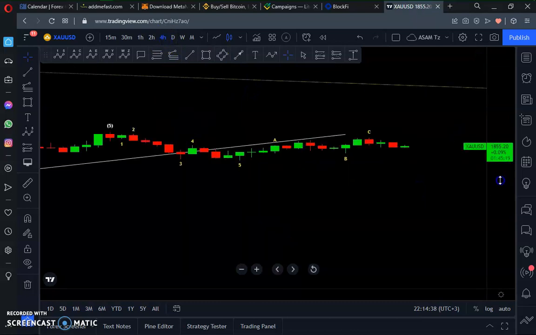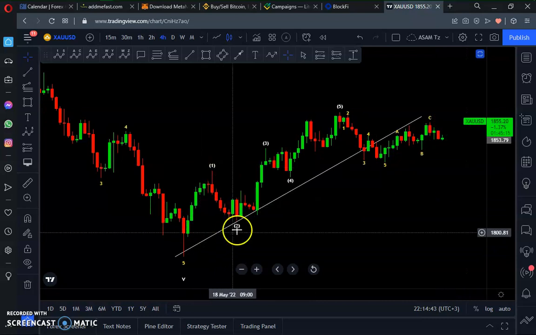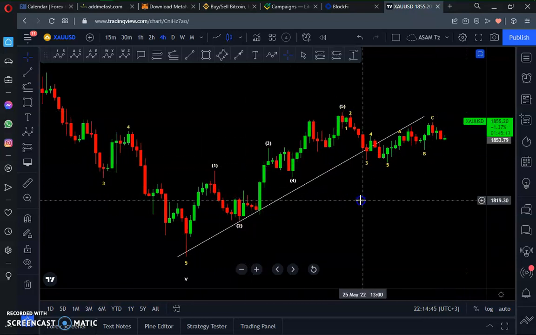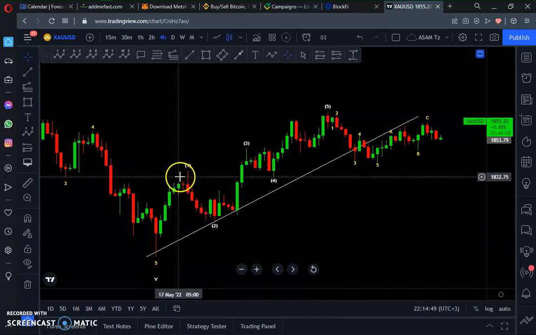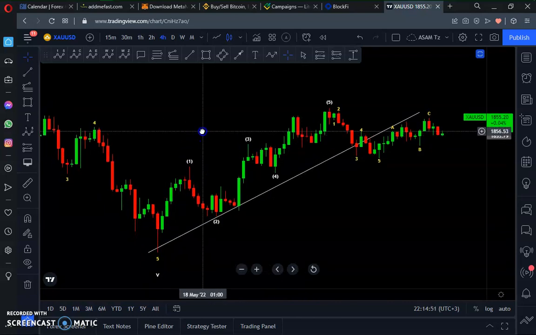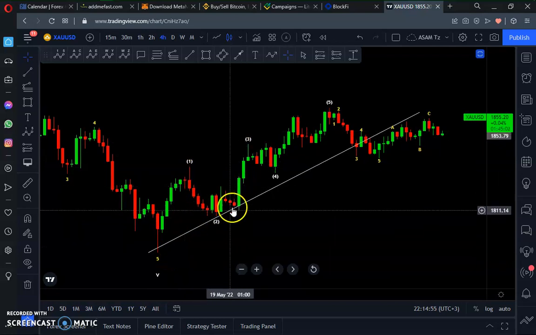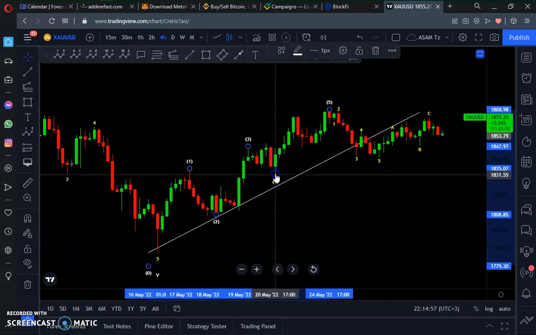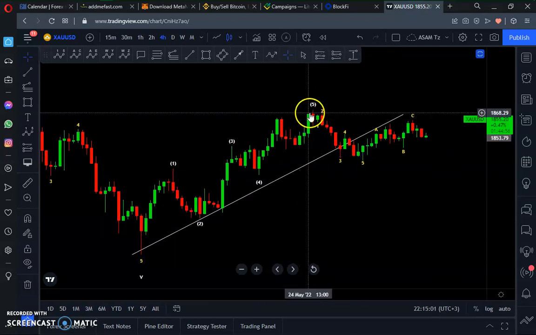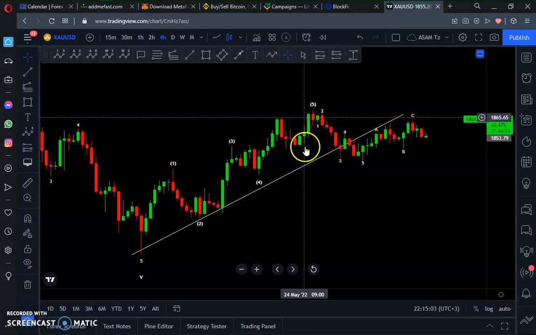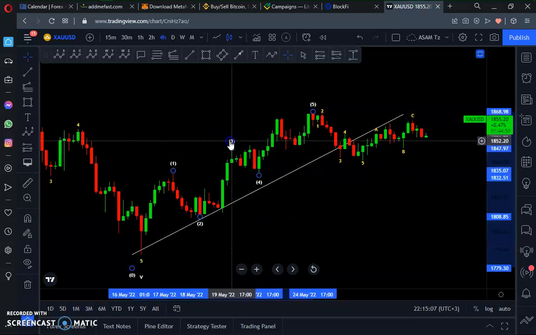Then moving to the 4-hour time frame. Here we have a clear count to the upside, 1 2 3 4 5. In relation to my previous analysis, wave 1 was longer than this third wave, so I was expecting the third wave to keep on going, but as the price has already turned around that area, I have labeled the third wave there.